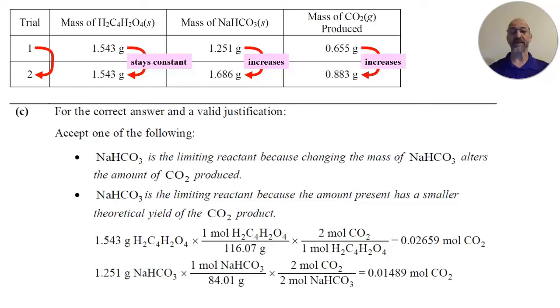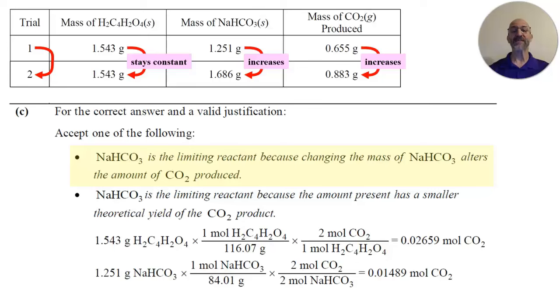It also increases. So on the official scoring guidelines, one justification for identifying the sodium bicarbonate as the limiting reactant is this one. It says sodium bicarbonate is the limiting reactant because changing the mass of sodium bicarbonate alters the amount of carbon dioxide produced.